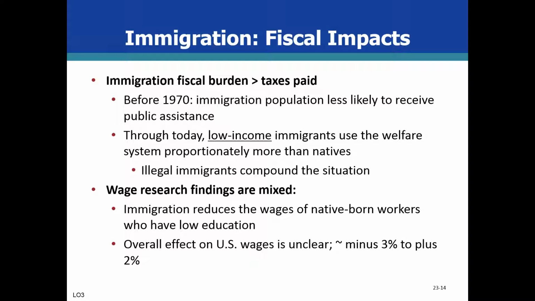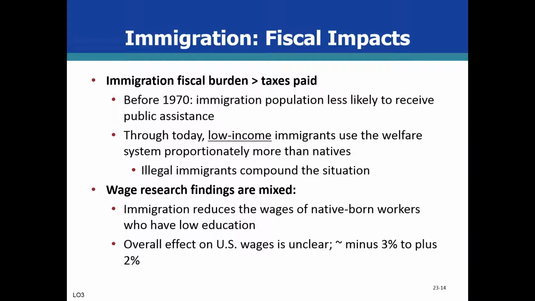Immigration has an impact on the social system of the host country. The model reviewed in this lecture suggests that immigration increases the GDP of the U.S. economy and generates, in turn, higher taxes. However, due to the fact that low-income immigrants use the total welfare system in higher proportions than non-immigrants, the fiscal burden is greater than the taxes paid.